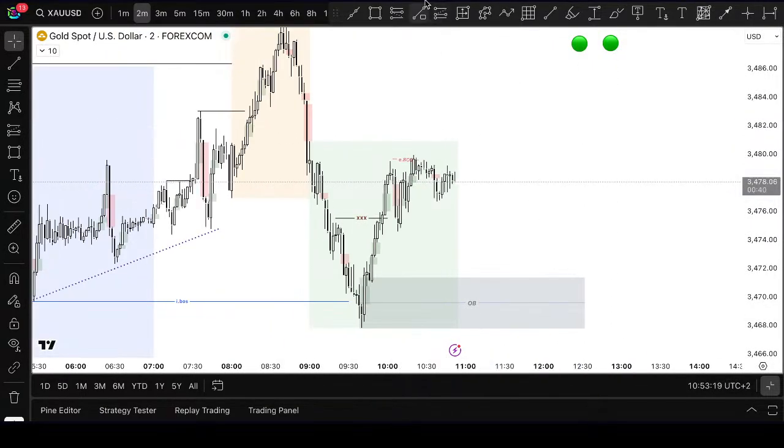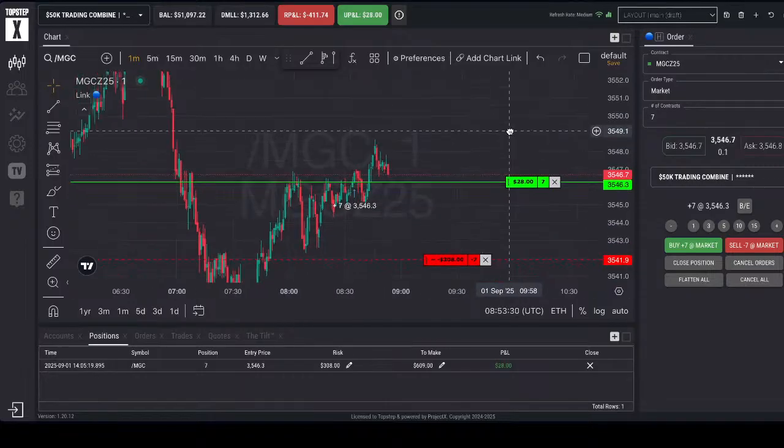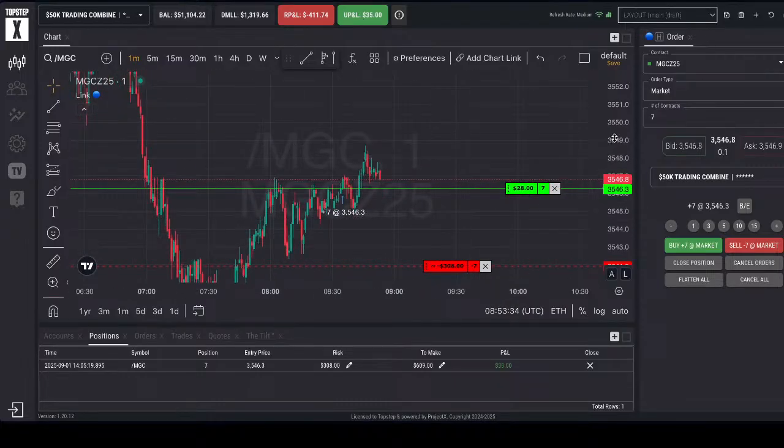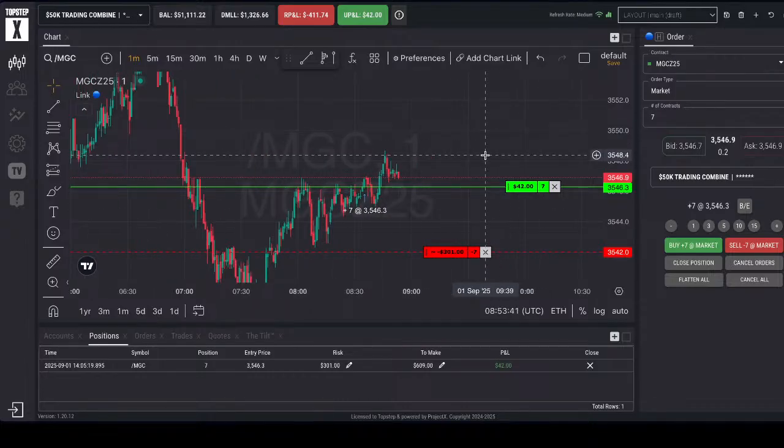Dude, why are you not going up? Let's see whether the gold will hold it up. Or we can reduce the risk and let it be there. It's okay.